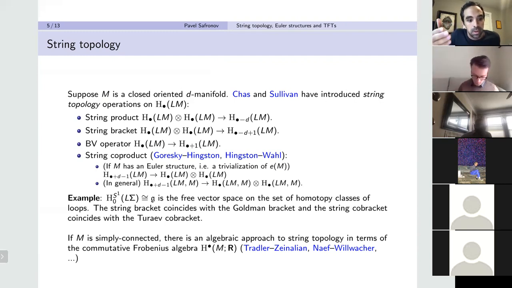Right. So it's really in terms of a lift of the commutative Frobenius algebra structure to the chain level. But in order to recover the free loop space, in terms of Hochschild models, you need the differential graded algebra of cochains. Yeah. Right. Exactly. Yeah. Thanks for correcting this.